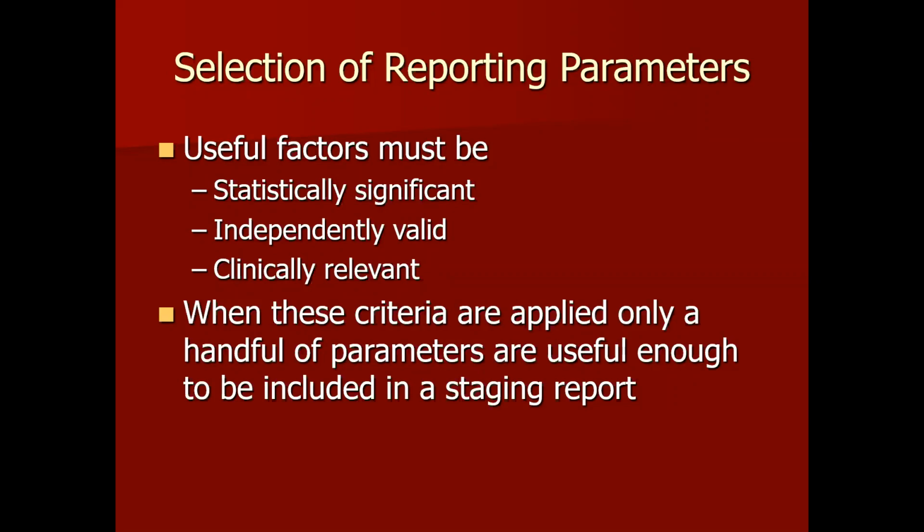You could literally do a PubMed search for different criteria of breast cancer, and you'll come up with thousands. But we only use like 5 or 6 on the parameter report, because those in essence are the ones that are statistically significant, independently valid, and clinically relevant.